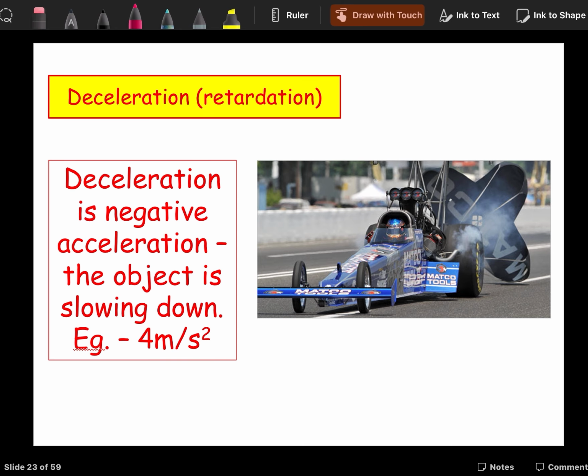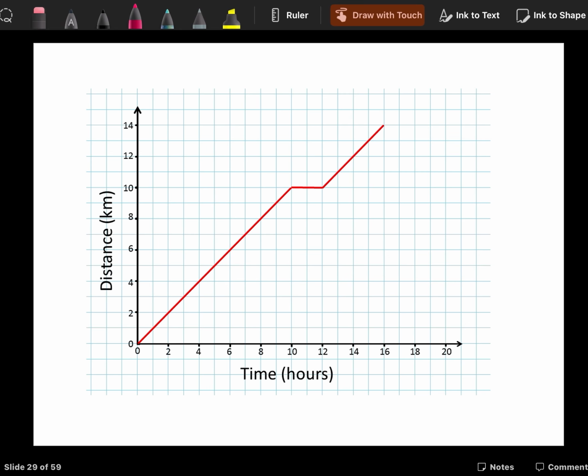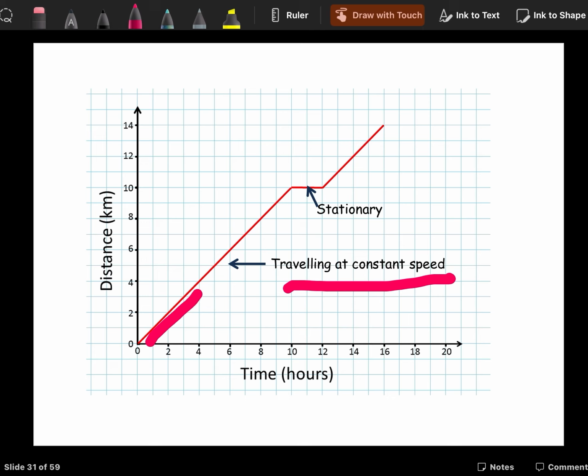Okay, now we come to the graph. If you see such a graph, what is the meaning of this graph? For example, we have a distance time graph. If you see a straight line going up, it shows a constant speed, this straight line, this one. But if the line is flat like this, a flat line means stationary. It means not moving.